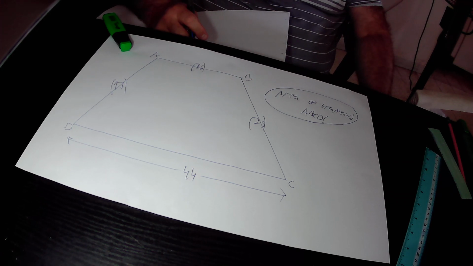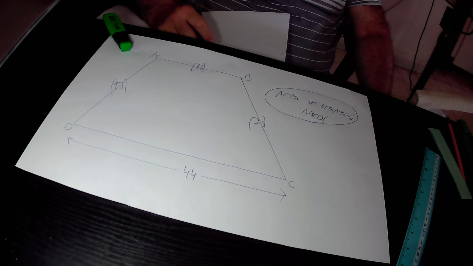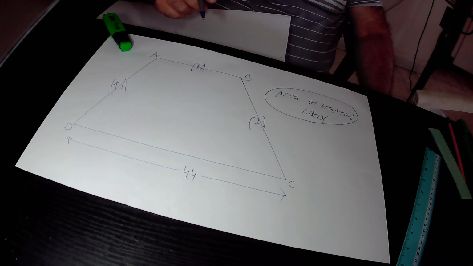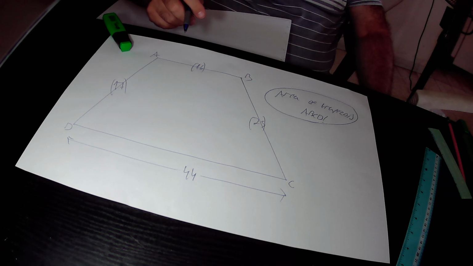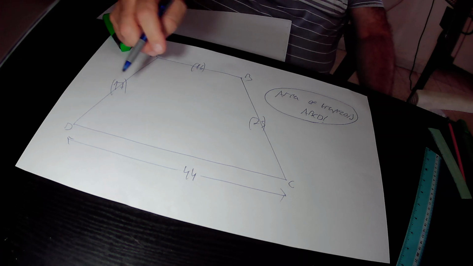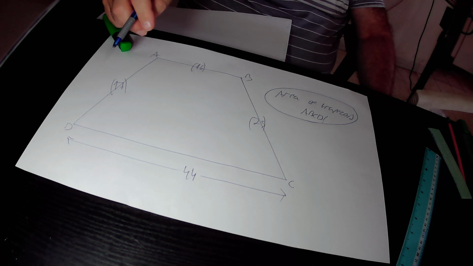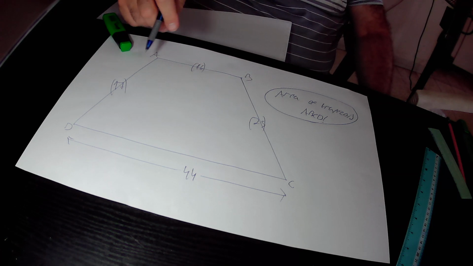The area of any trapezoid is equal to the sum of its two parallel bases times the height over 2. Therefore, the area of this trapezoid ABCD will be equal to the sum of its two parallel bases. The two parallel bases are AB and DC. Therefore, it is AB plus DC times the height, that is h, over 2.